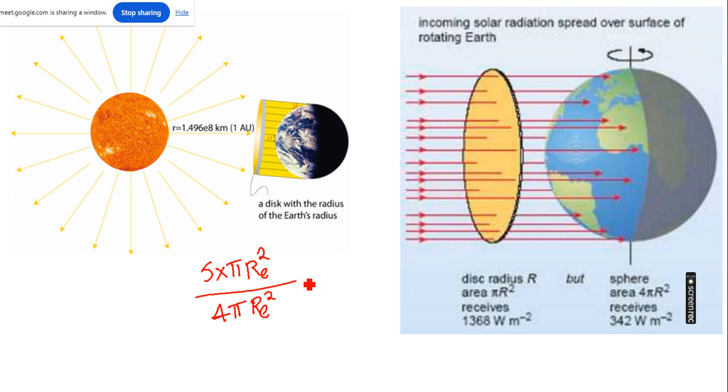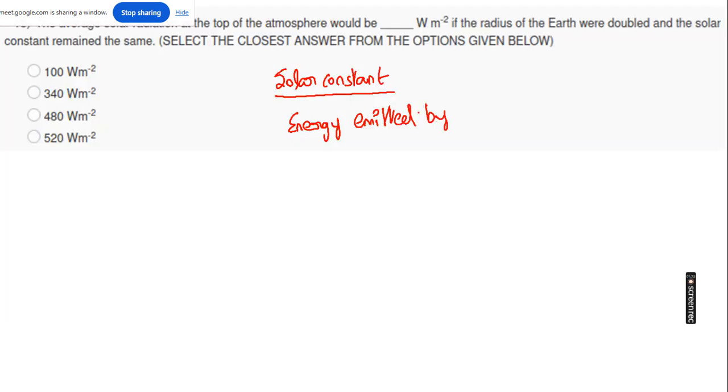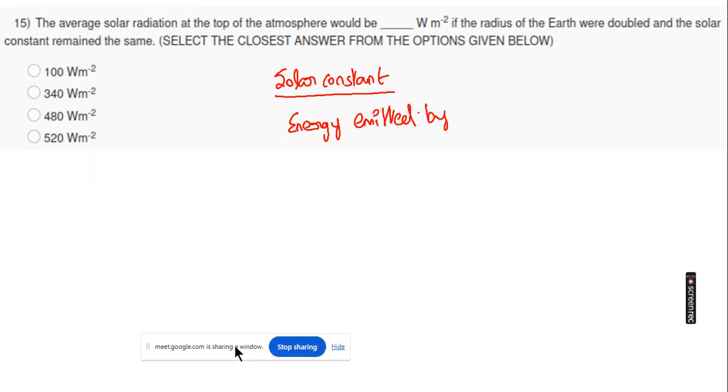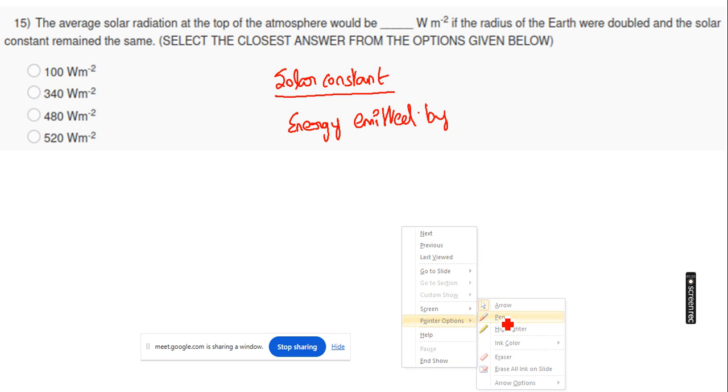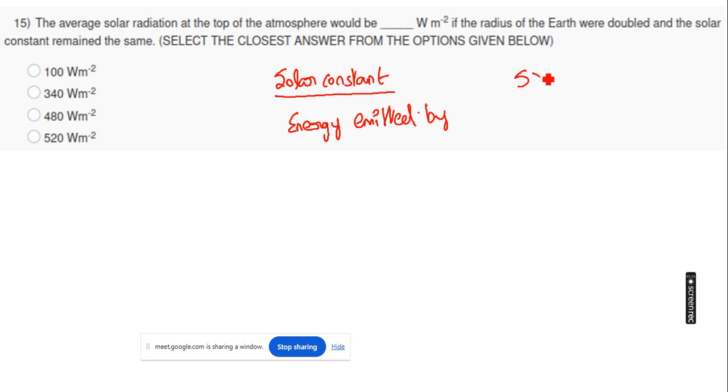This gives you the value given in the question, the average solar radiation at the top of the atmosphere: solar constant into pi Re square divided by 4 pi Re square.